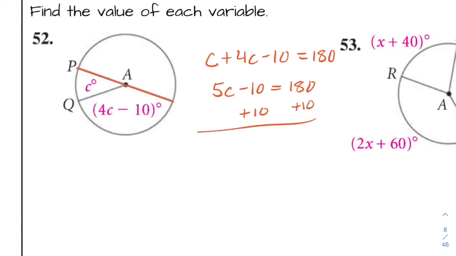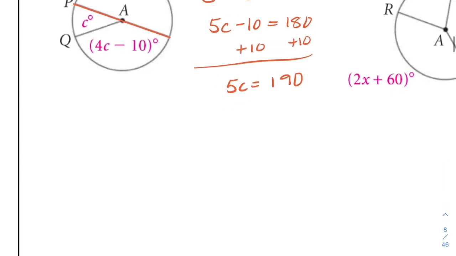We get 5C equals 190. So I believe C is 38. Let me just check. 190 divided by 5, yep, is 38 degrees. So C is going to be 38 degrees.